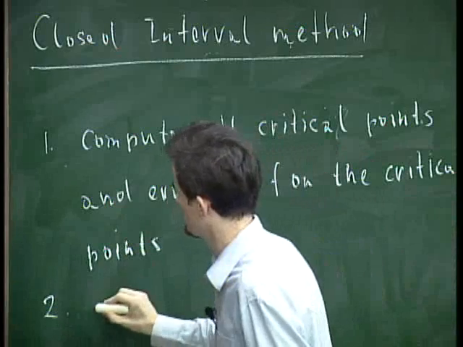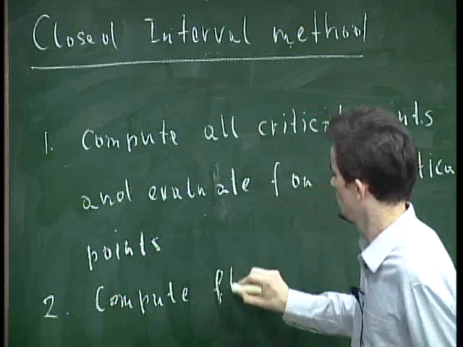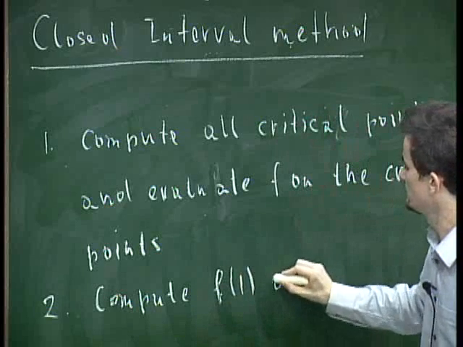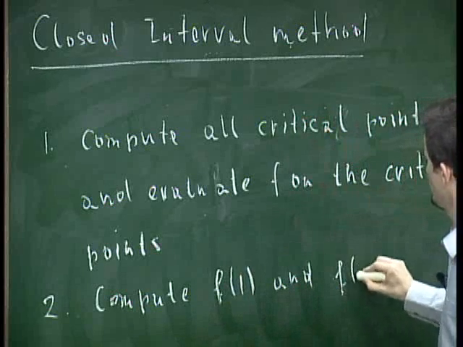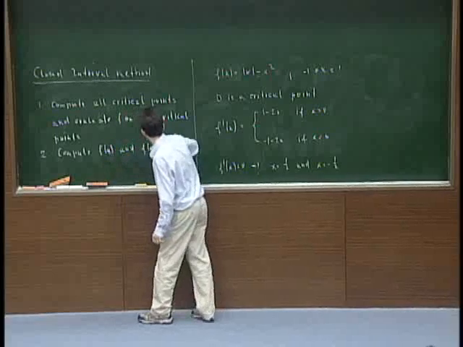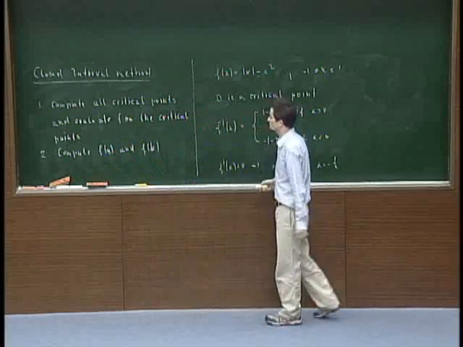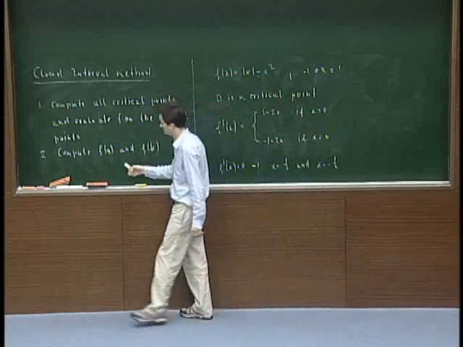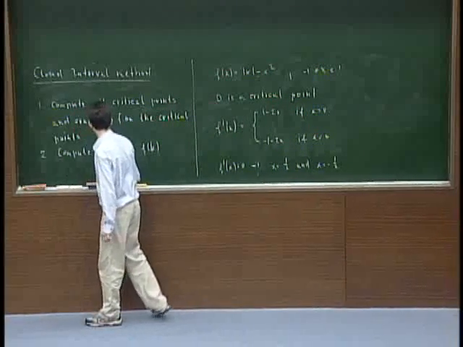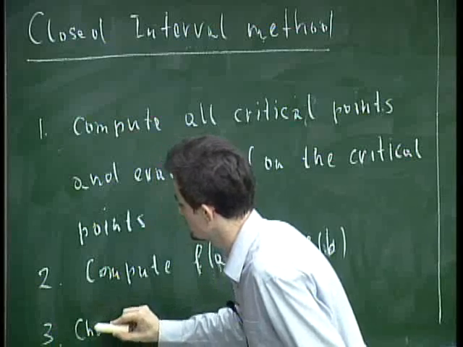Then the second step is compute f of 1 and f of -1, f of a and f of b. So our task is to find the absolute extreme values of the function f on [a, b]. So compute the values on the two boundaries and then choose the largest.